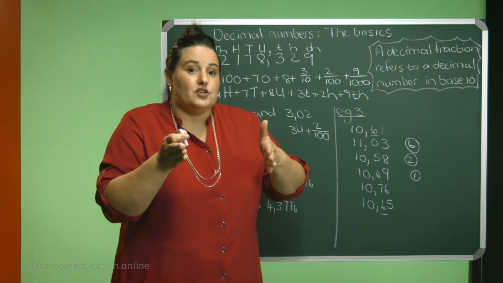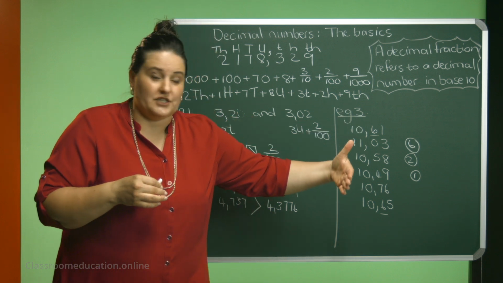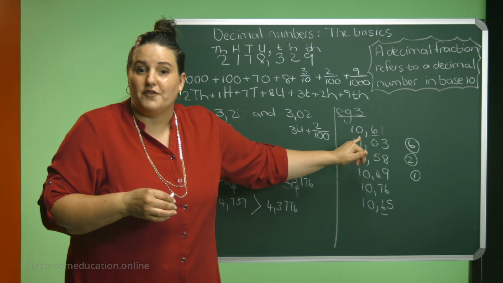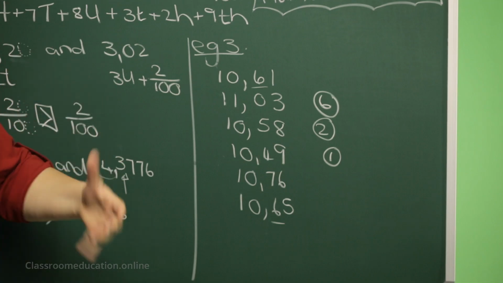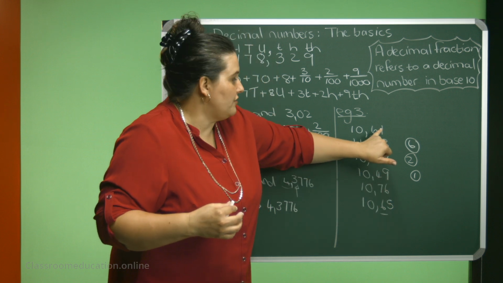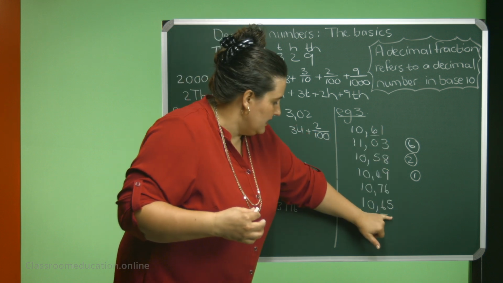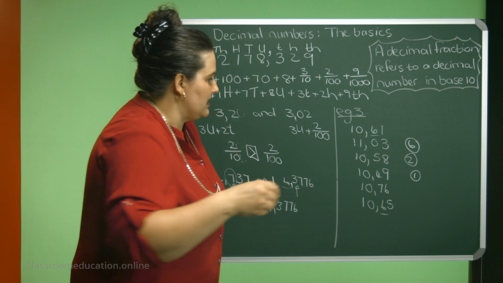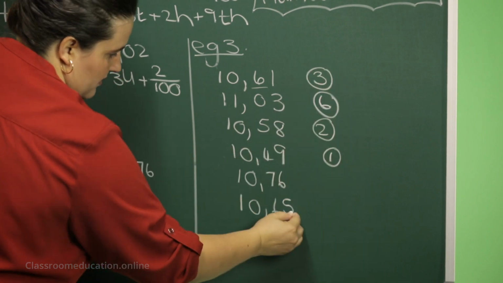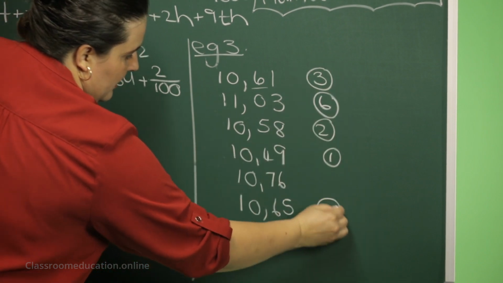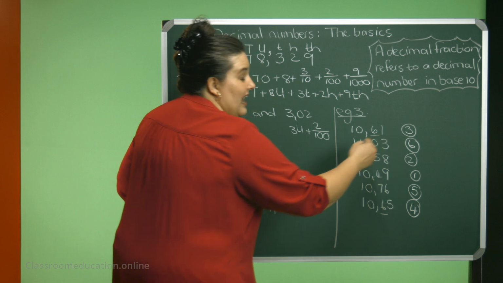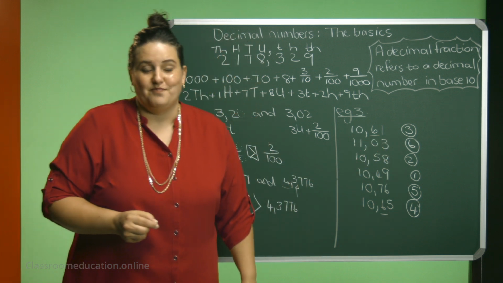So now I need to go on to the hundredths position, only of these two, to determine which one was the fastest, which one was the smallest. So I have 5 there and 1 there. So this one actually beat the 10,65. So she would have been third. This one will be fourth. And then the last one will be fifth because I already have my 6th position.